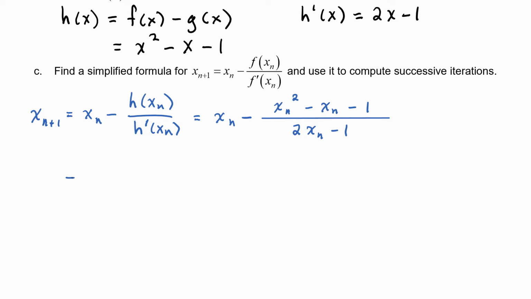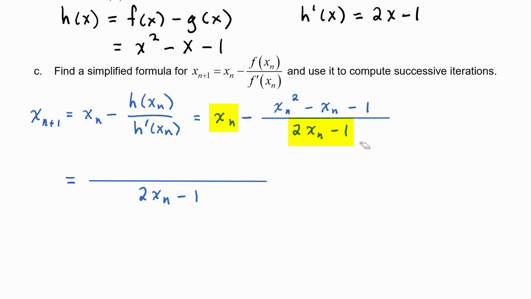Now we have to simplify. We know that the first thing we need is to get a common denominator, which will be 2xn minus 1. Then that means we will multiply this first term by 1 in the form of this denominator over itself.